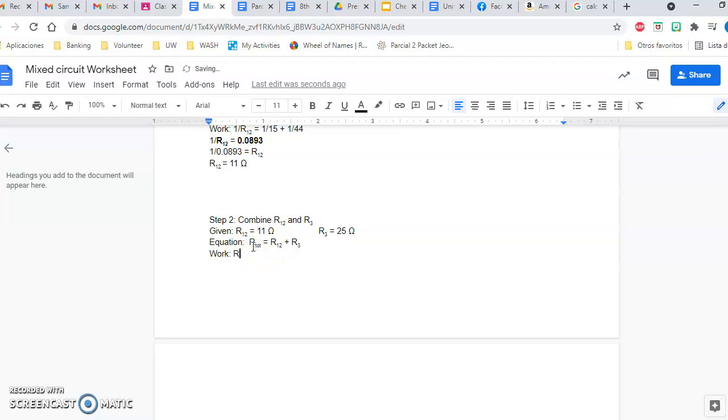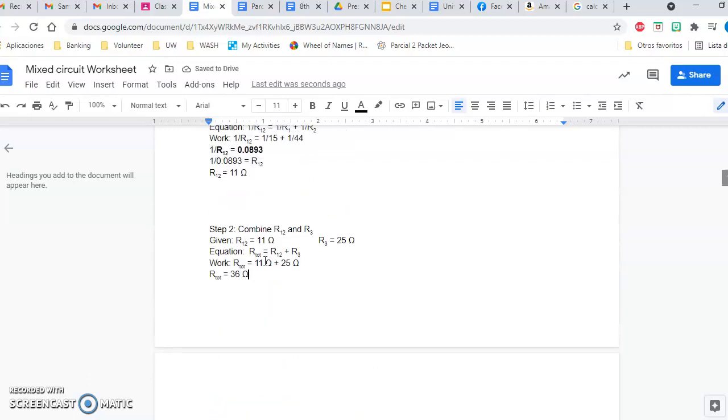We plug our numbers into our variables: R12 plus 25 ohms. Everyone can do this addition by hand or quickly on paper, and we get 36 ohms.